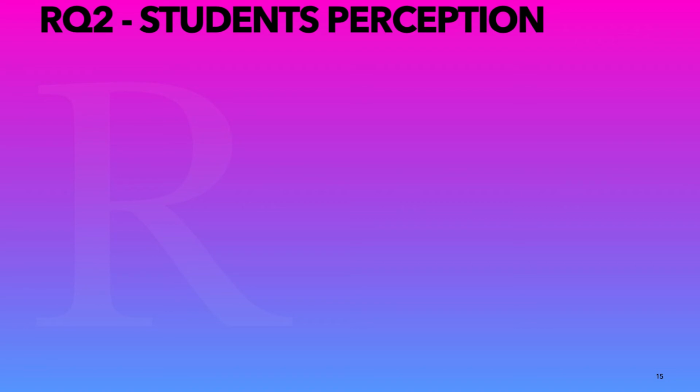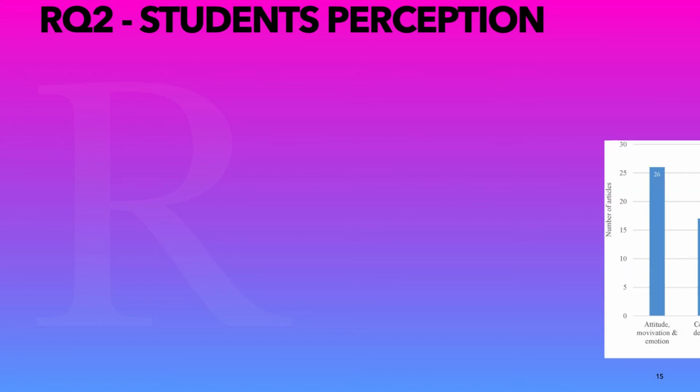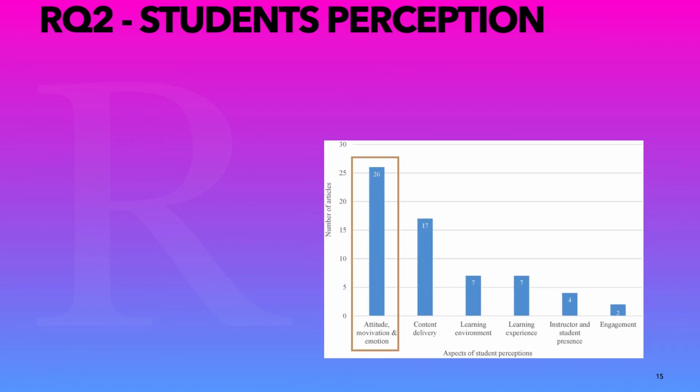The top research focus is on student perceptions of the flipped classroom teaching approach. 26 of the articles explored student-teacher or teacher education attitudes, motivation, and emotions for the flipped classroom.